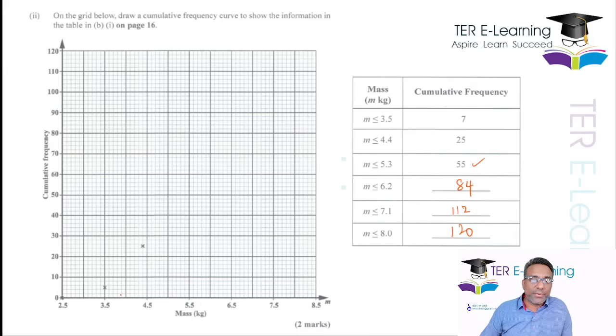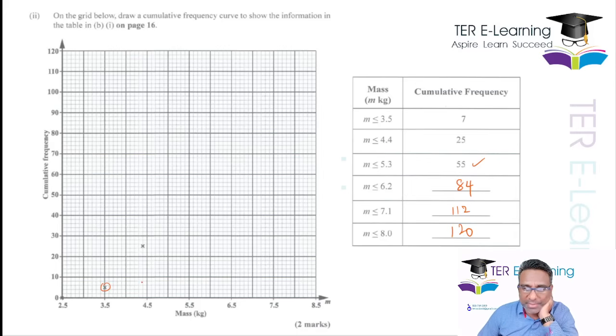So we have 3.5, we plotted that, you got 7. One second, I'm just looking at the points that they plotted here.